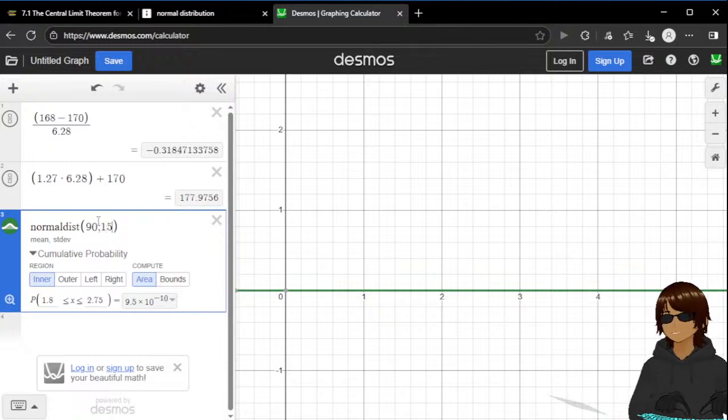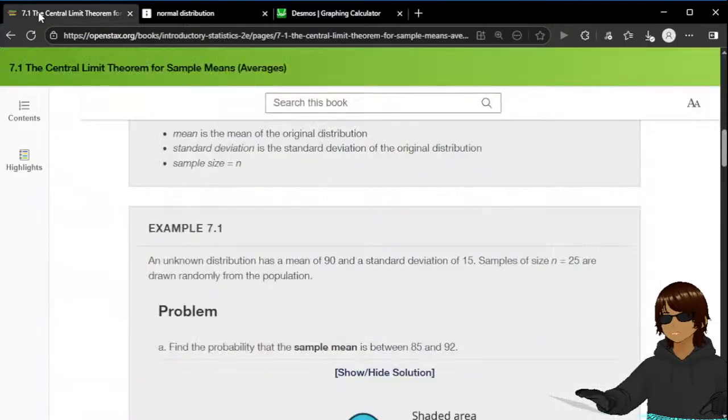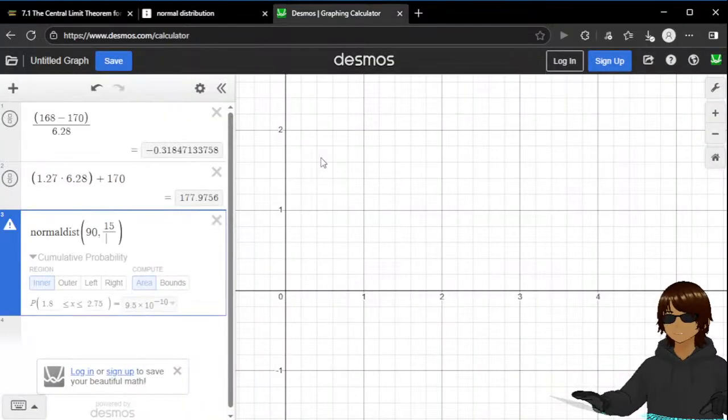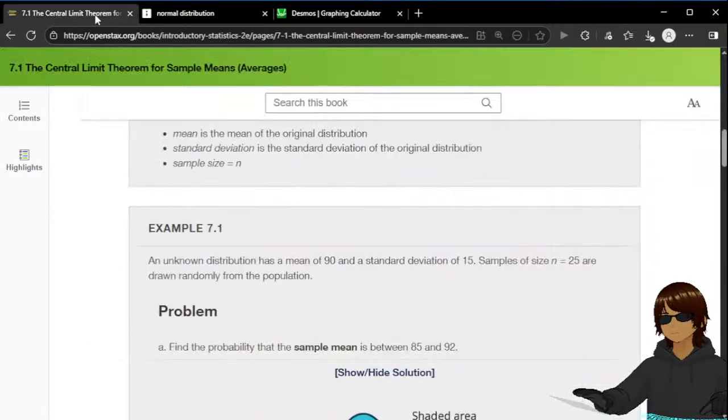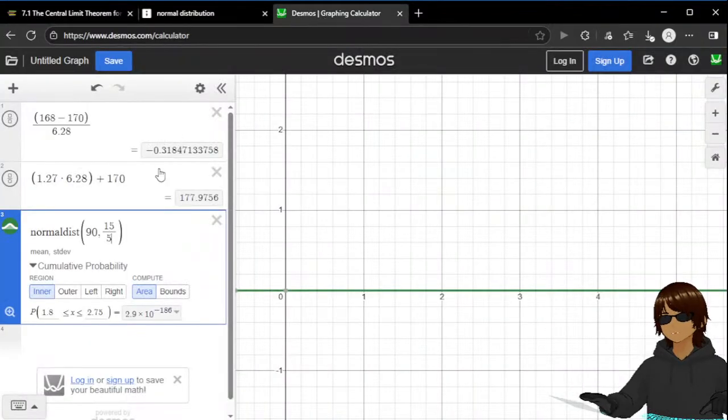So if you're talking about the sample, the standard deviation will be 15 divided by root 25, which is just 5. 15 over 5 is 3.